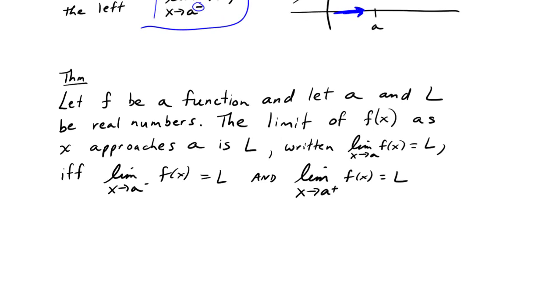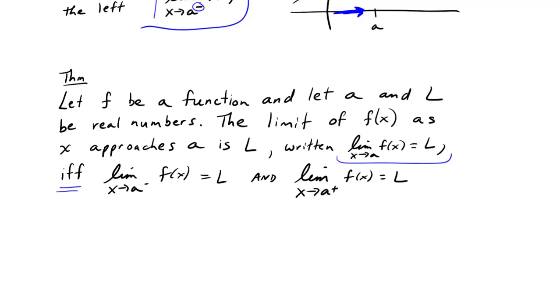Well, we have a theorem. It says, let f be a function, and let a and L be real numbers. The limit of f of x as x approaches a is L, written limit as x approaches a of f of x equals L, if and only if. This is not a misspelling of if; it's a mathematician's shorthand for if and only if, which means they're equivalent.